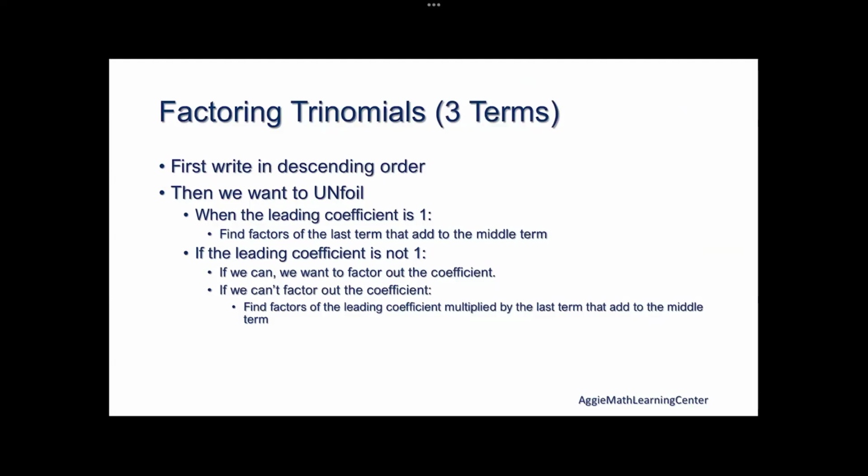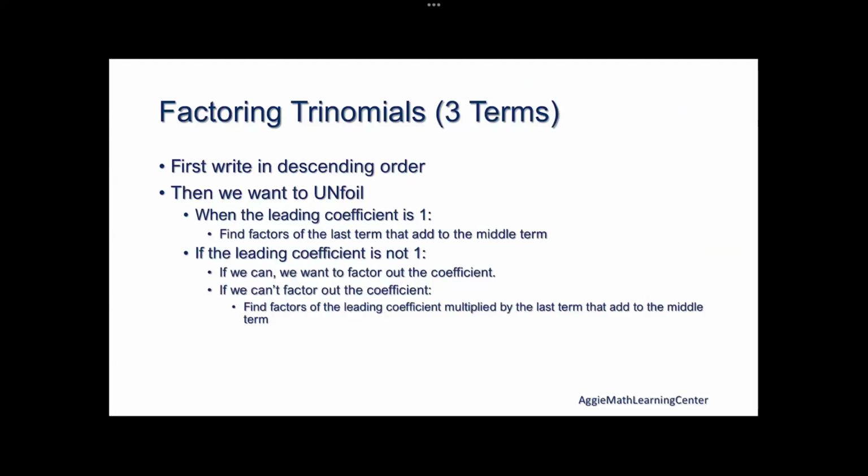So pretty much you want to take it from 3 terms to 4 terms, and then you can break it up into the 2 things that you foiled out. Does that make sense? It's just going backwards. If the leading coefficient is 1, then we want to figure out what 2 numbers multiply to the last term and add to the middle term.